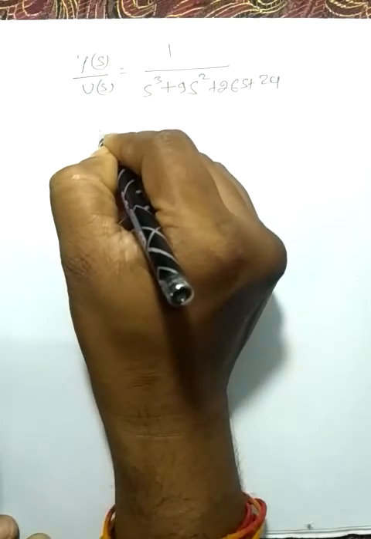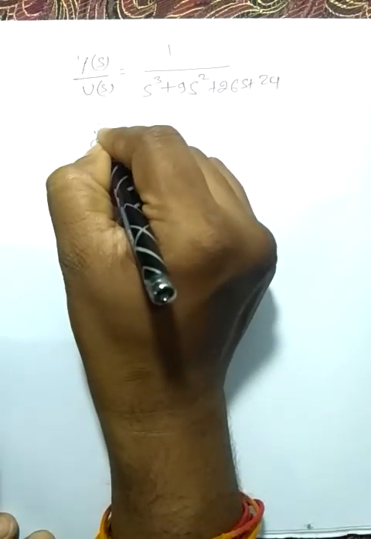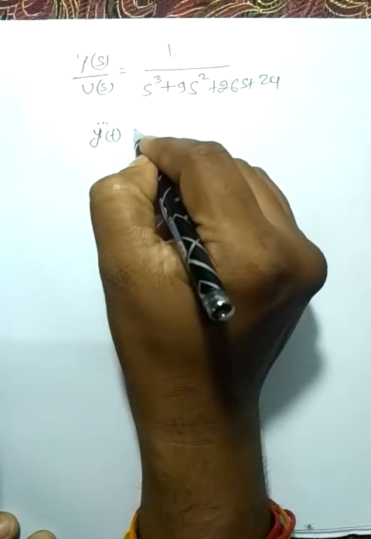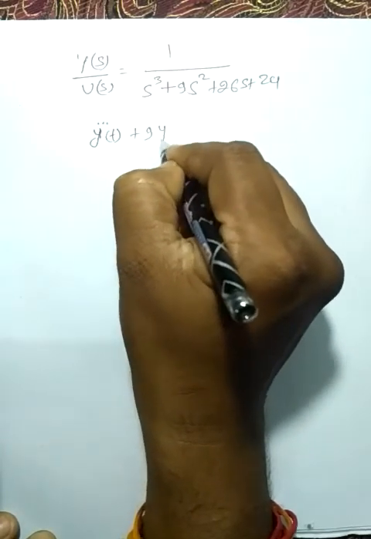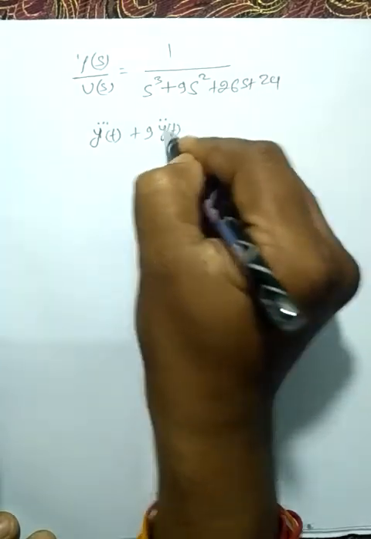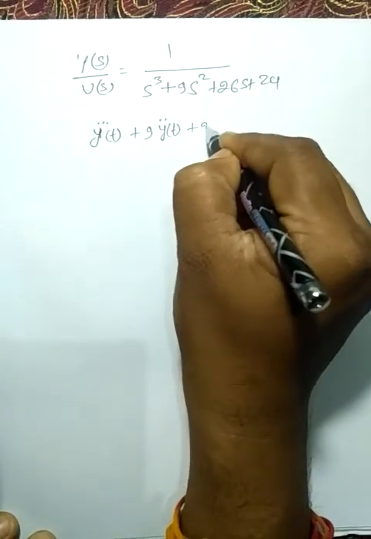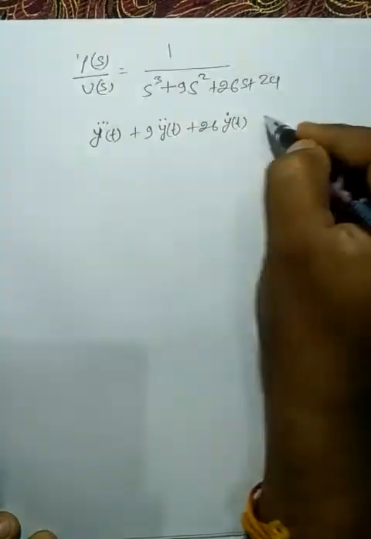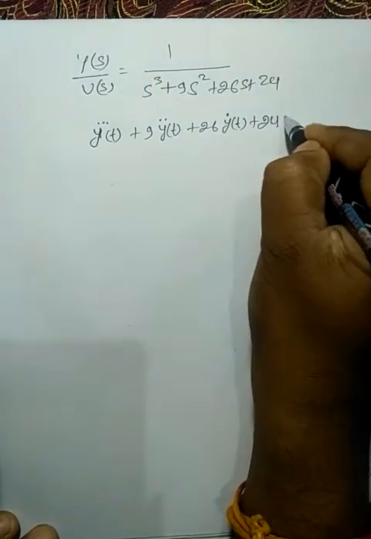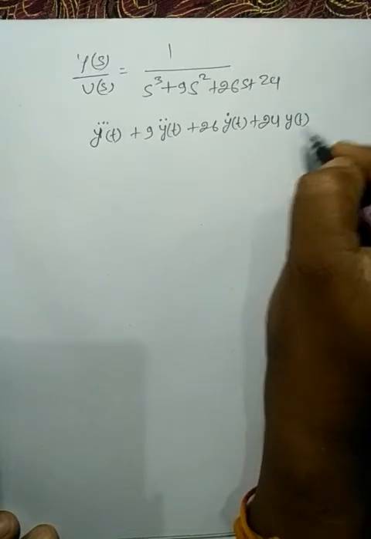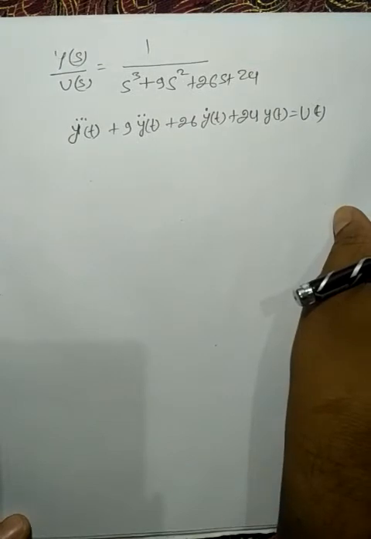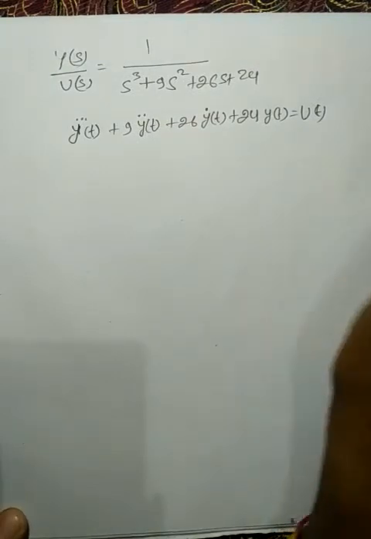Then we get y triple dot t plus 9y double dot t plus 26y dot t plus 24y(t) is equal to u(t), right?